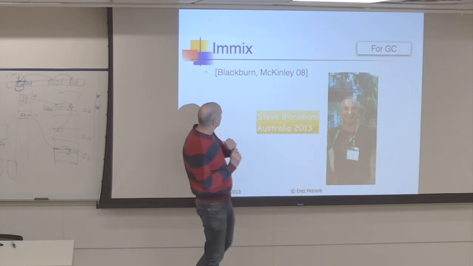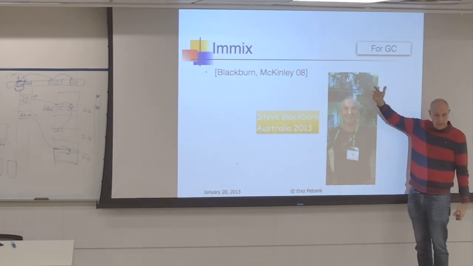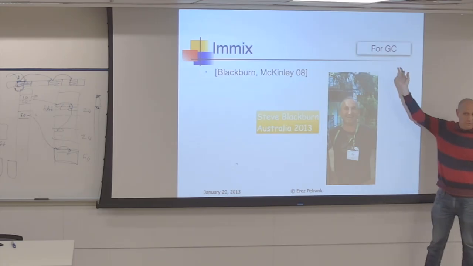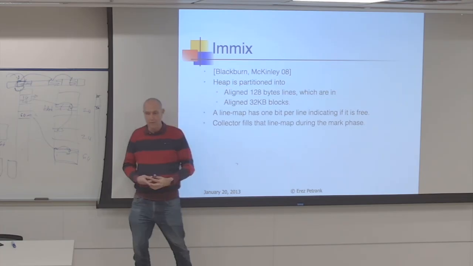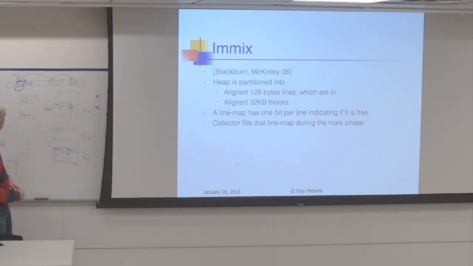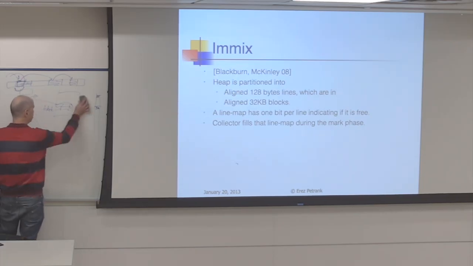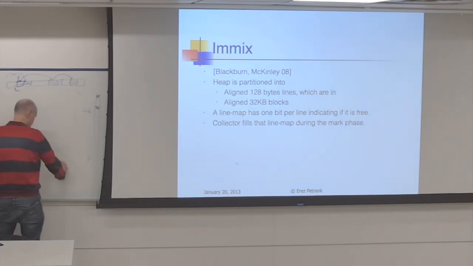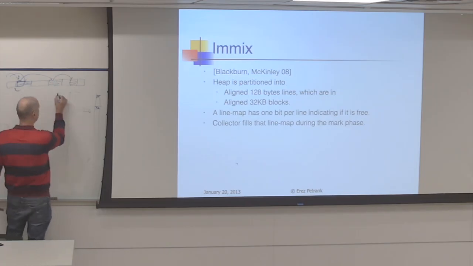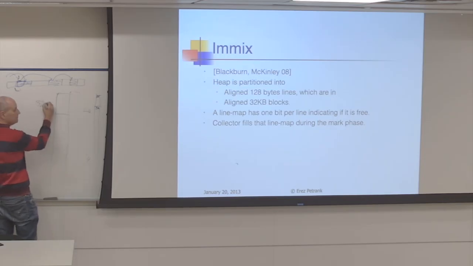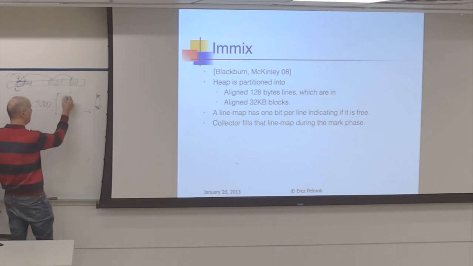Immix. So we are now talking about another allocator for garbage collector. They partition the heap. So you have the heap, and you partition it into blocks. The blocks are 32 kilobytes, and then you have lines of 128 bytes.